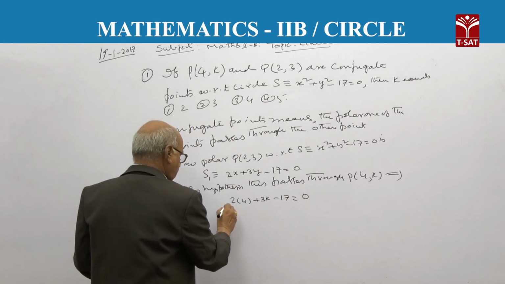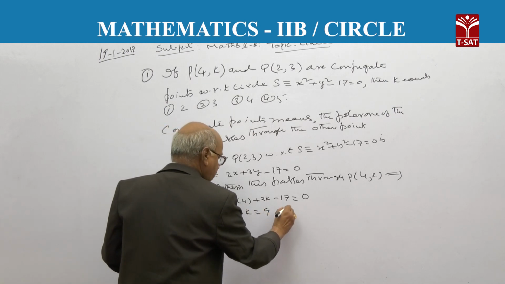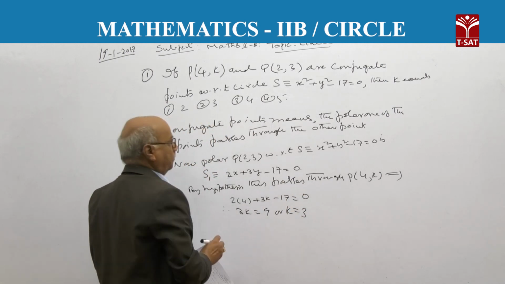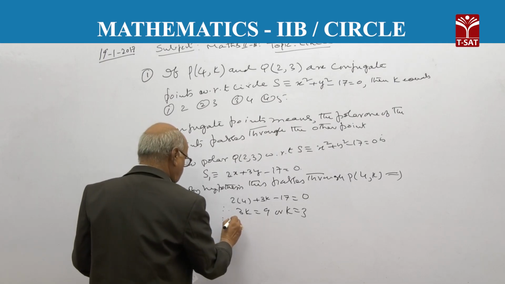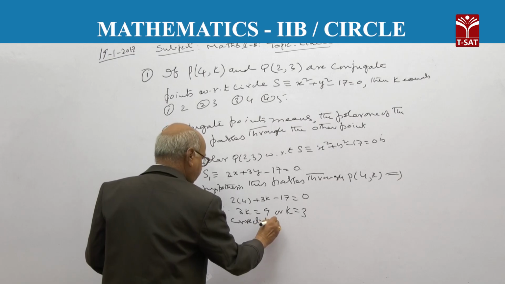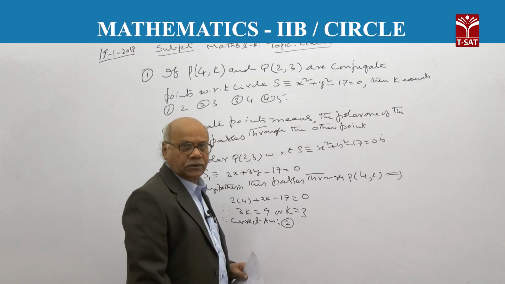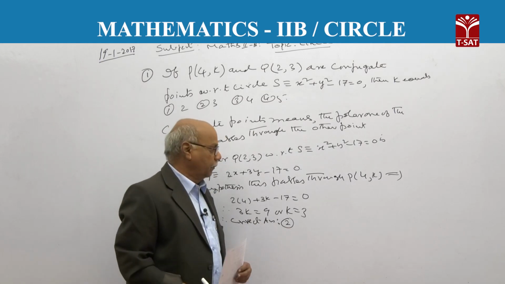So, therefore, 3K is equal to 9, or K is equal to 3. So, therefore, the correct answer is option number 2 itself.